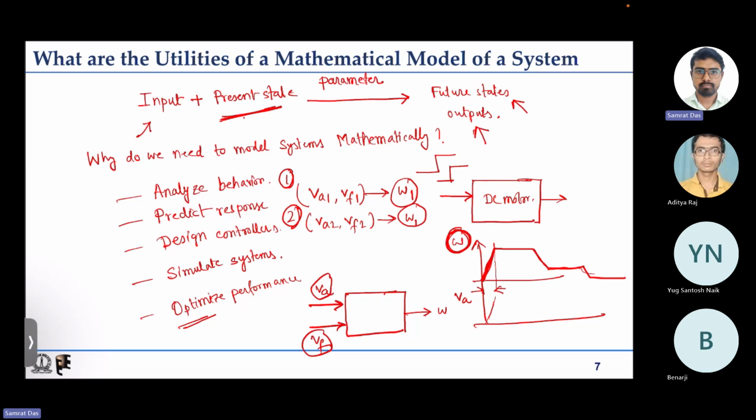Say we have possible input set 1, input set 2, input set 3, and we plot the losses corresponding to them, which is possible with the mathematical model available to us.